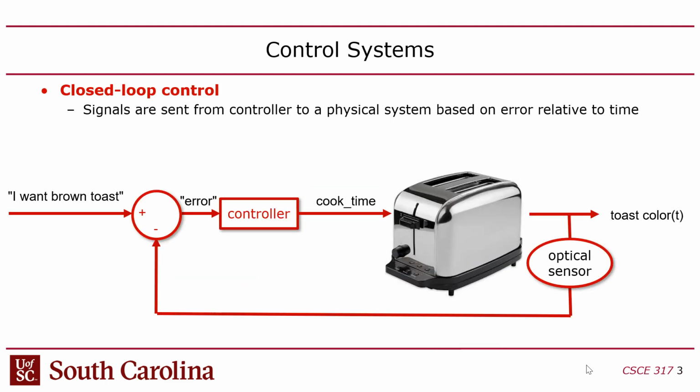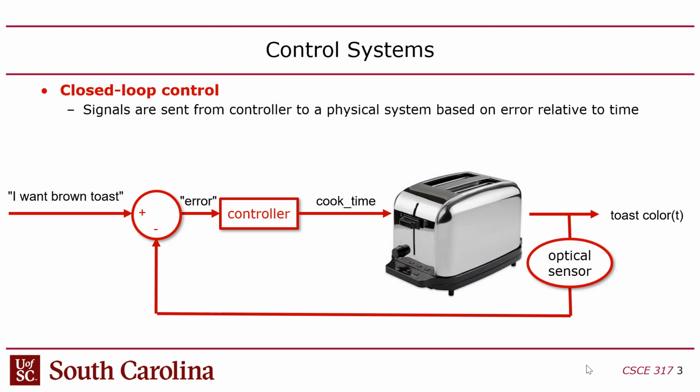A closed loop control system is when you have some sort of a way to expose internal state, or expose the behavior of the plant, which then can be fed back into the controller.